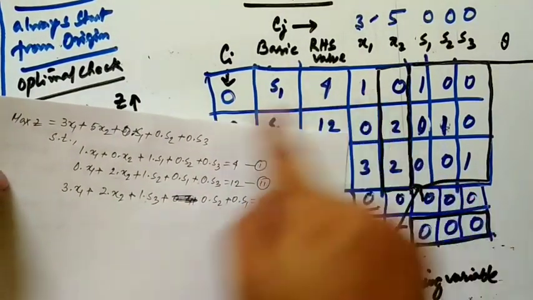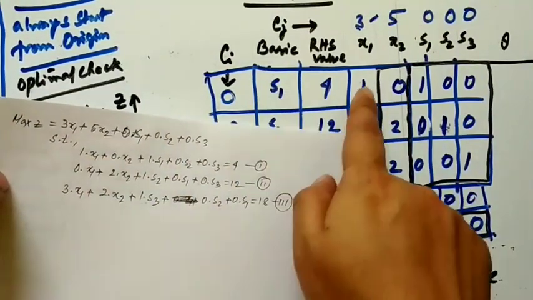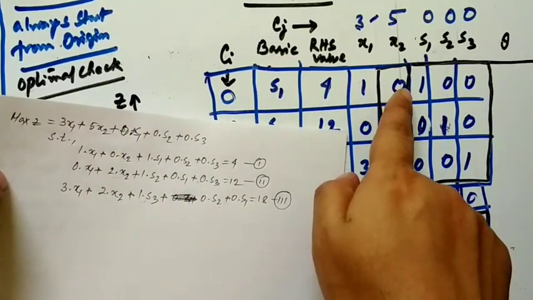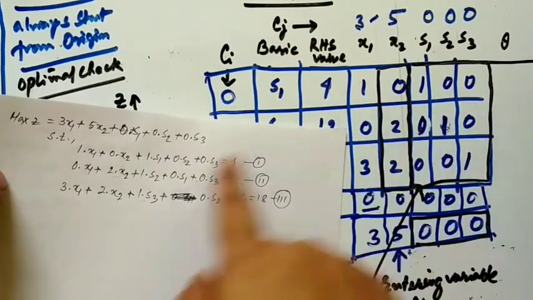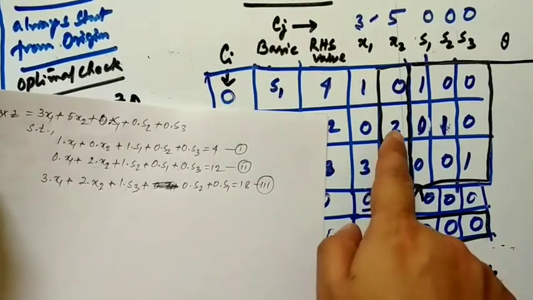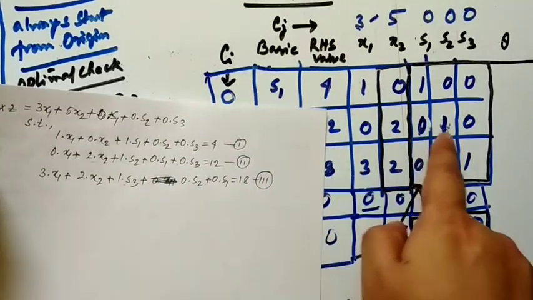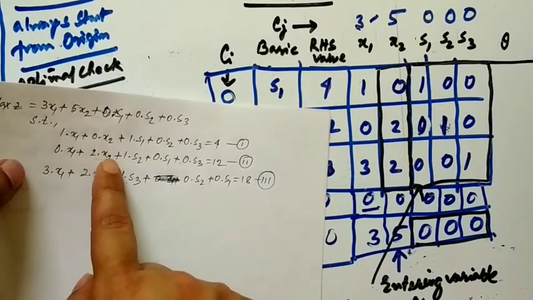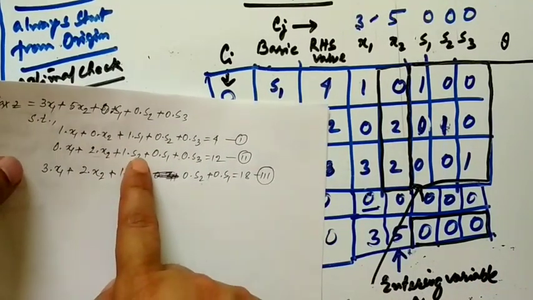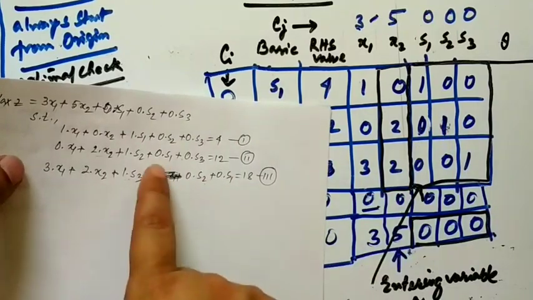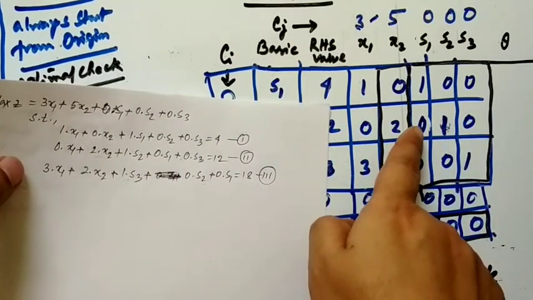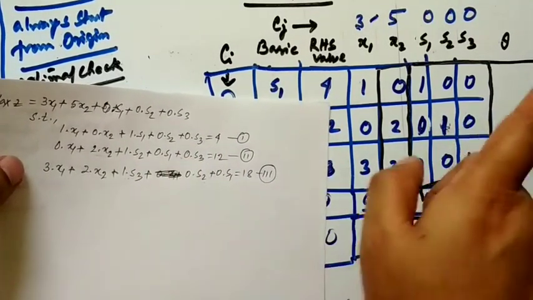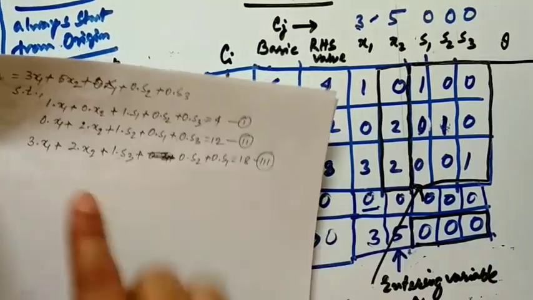So the corresponding values I have written over here: x1 is 1, x2 is 0, s1 is 1, and the rest 0. For the second one, which I had mistaken previously, x1 is 0, 2x2, s2 is 1, s1 is 0 and s3 will be 0. Similarly you can recheck it.